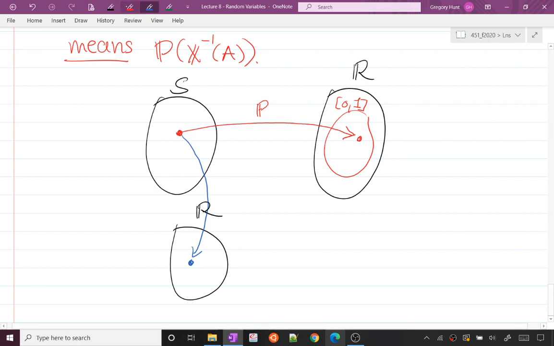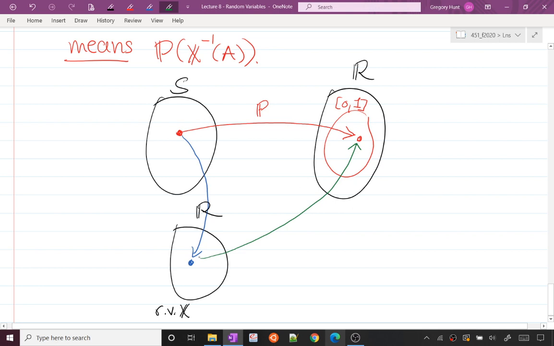We'd really like to go directly, from my random variable x, which we think of as living in the real numbers, directly to probability statements about that.